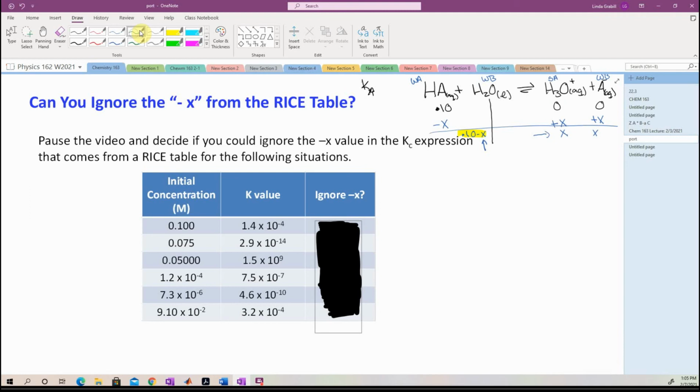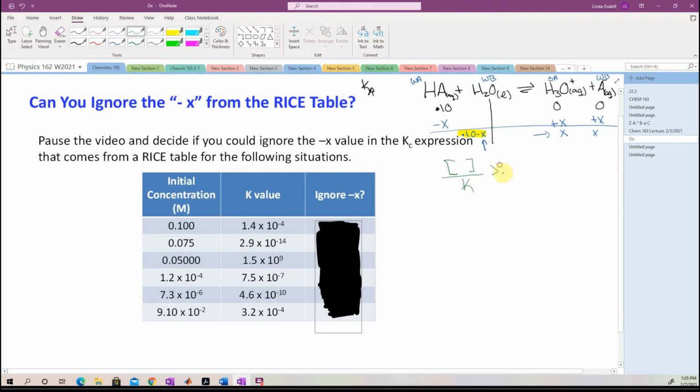I told you in the previous video that the way we can look at that is to look at the magnitude of the initial concentration of our acid or our base divided by the equilibrium constant.